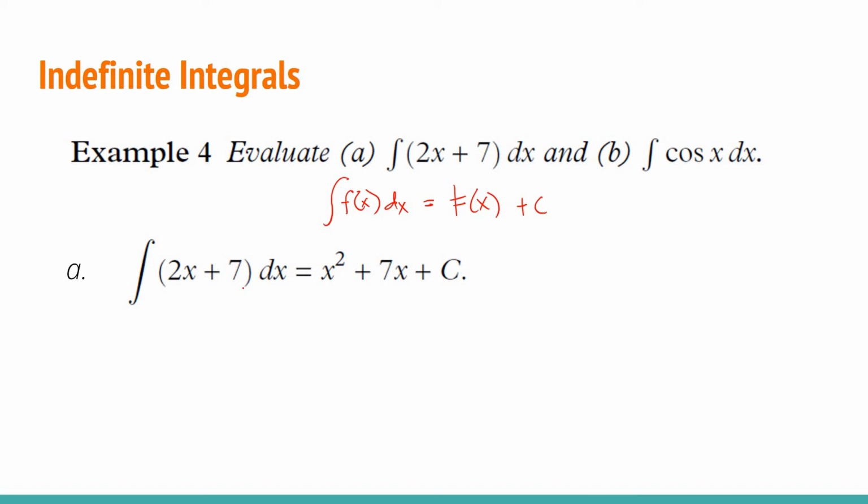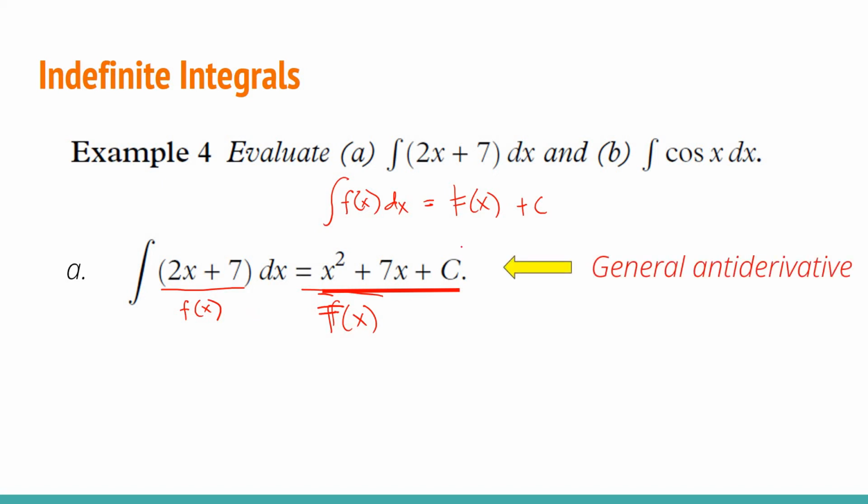The given here, 2x plus 7, is the f of x, and this one here is the big letter F of x, and this is the integral of 2x plus 7 dx.